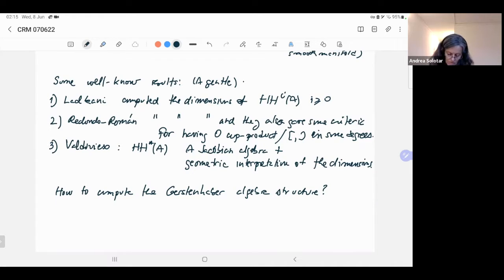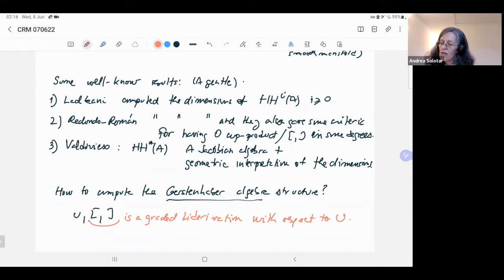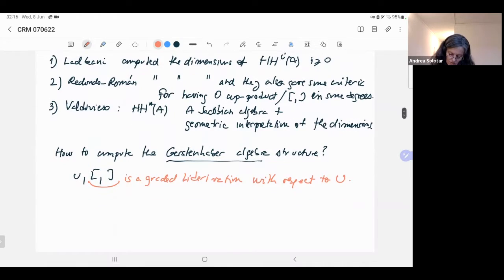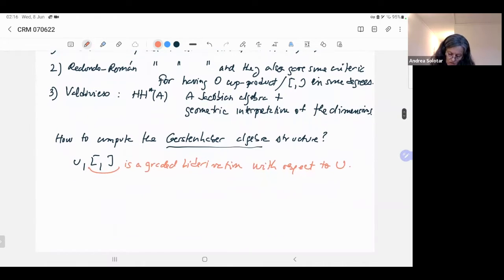So, one usual problem is how to compute the Gerstenhaber algebra structure. When I say the Gerstenhaber algebra structure, I'm speaking about everything together: the cap product, the Gerstenhaber bracket, and the fact that the Gerstenhaber bracket is a graded derivation with respect to the cap product. Why is it a bit complicated to compute this structure?